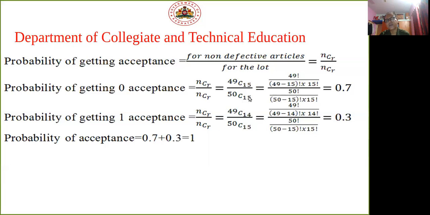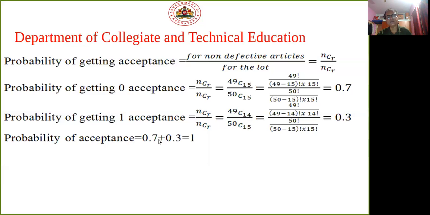Here we should take R equal to 1, because we want the probability of getting 1. When you put that in, I'm getting 0.3.